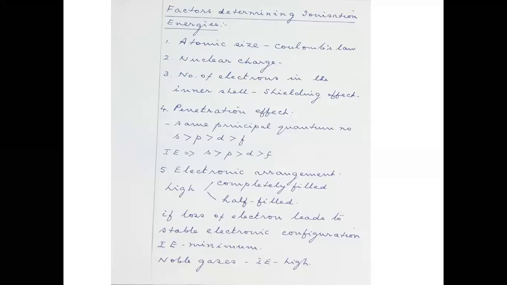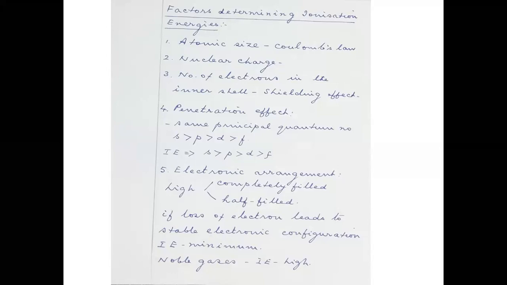But in the case of nitrogen, it is half-filled with the p3 electronic configuration. So removal of one electron will lead to p2 configuration, which is partially filled, which is unstable. That is why when you are comparing the ionization energies of nitrogen and oxygen, even though nitrogen is bigger than oxygen, oxygen is supposed to be of high ionization energy than nitrogen.